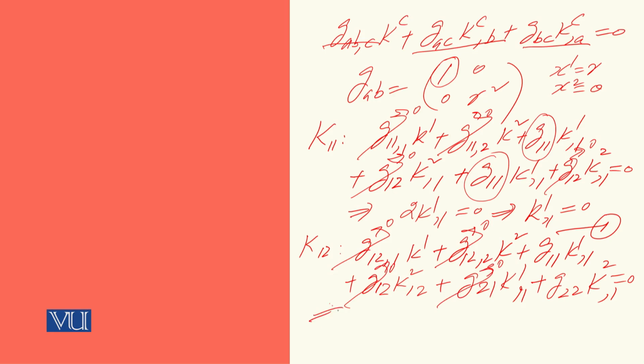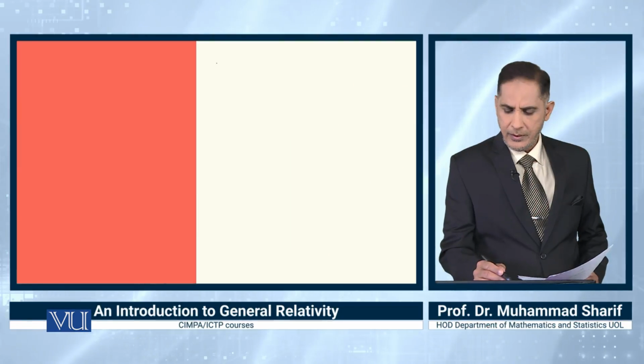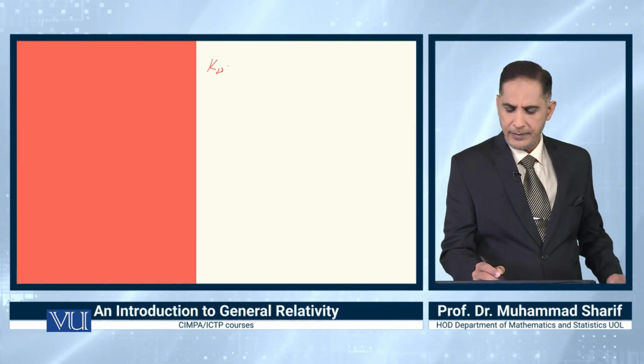So we have G11 k1 comma 1 plus r square k2 comma 1 is equal to 0. This is the second equation. The third equation is k22.